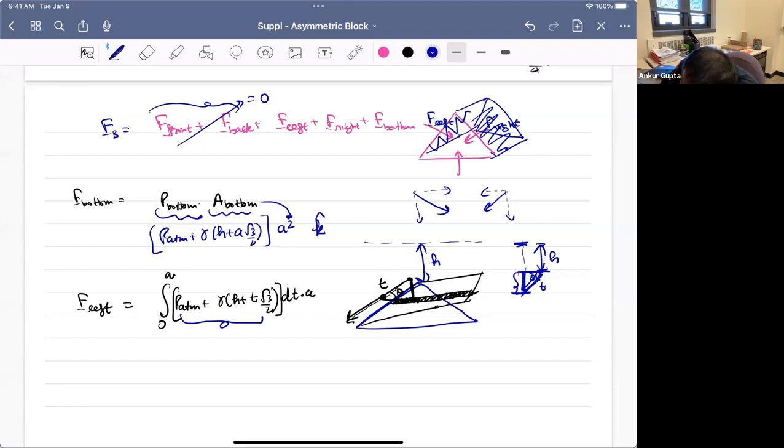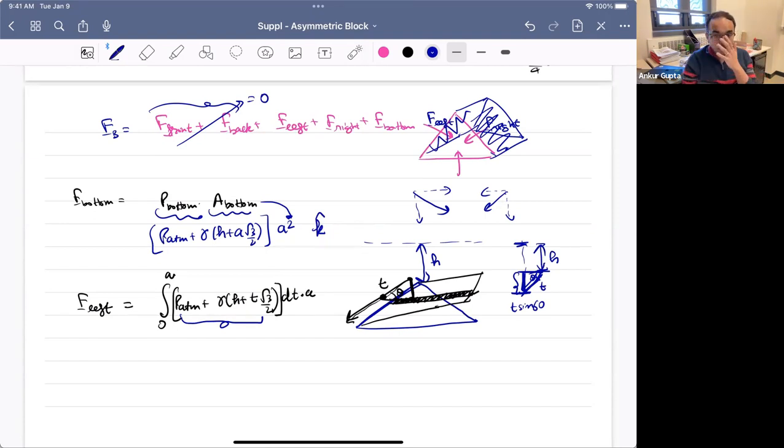This part is T sine 60. So that's why I get T root 3 by 2, dt by A. So that's how I get the full left force magnitude.